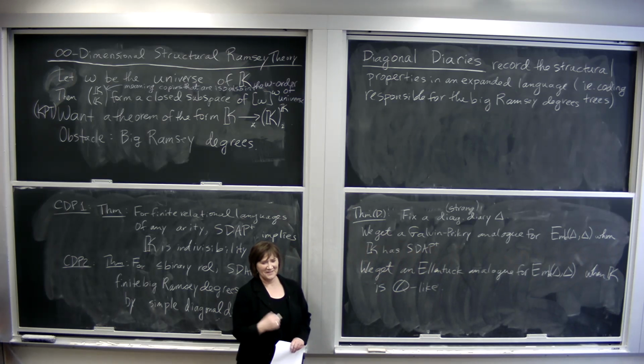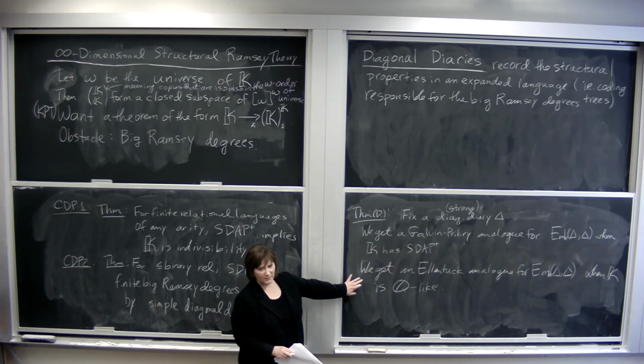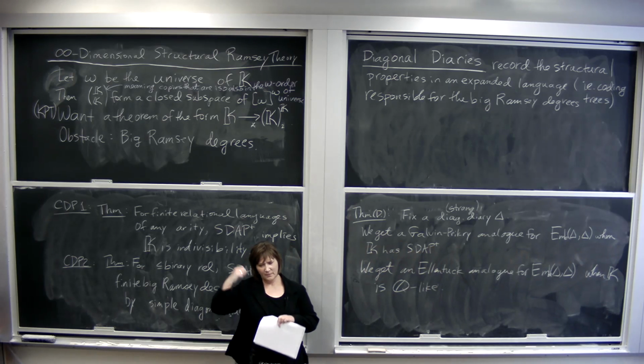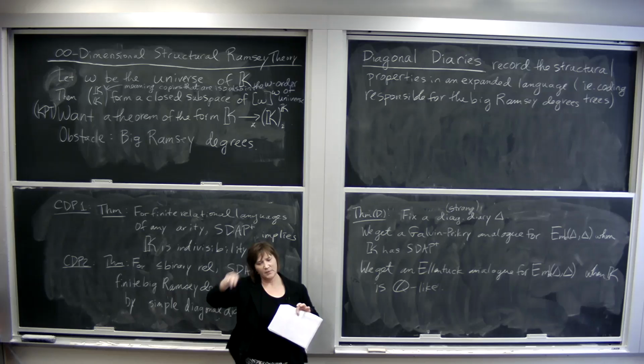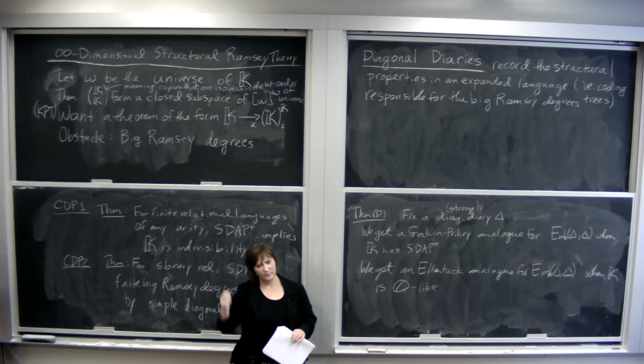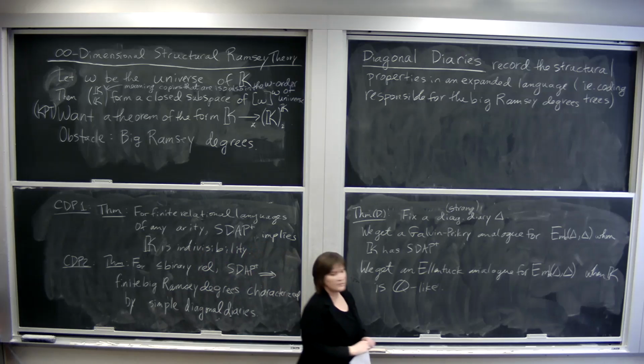Q-like meaning Q or Q sub n or Q sub Q or those sorts of things. The property that gets the A32 to work, I think I said this already, is that essentially when you make your diagonal diary at your coding node level, there's really no choice for anything going by it except the ones that just came off prior to that point.